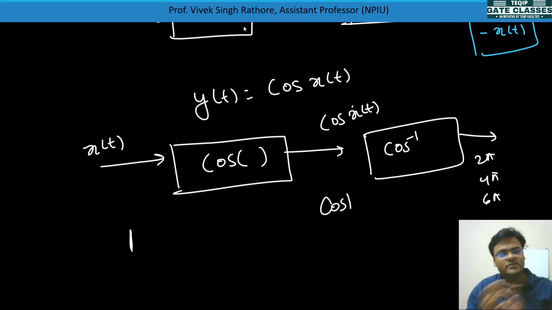Cos inverse of 6 pi will also be 1, cos inverse of 4 pi will also be 1, cos inverse of 2 pi will also be 1. So there is no unique value which can be designed. So the response should be unique. That is why this system is also a non-invertible system.